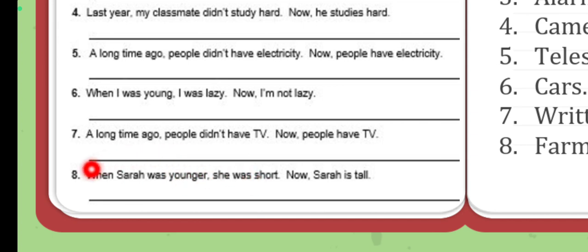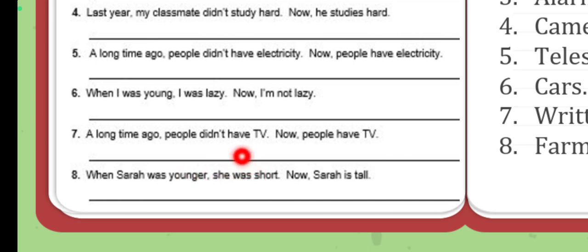So when Sarah was younger, she. Okay, but here we have now Sarah is tall. So if now she is tall, here we don't need to use the negative form.